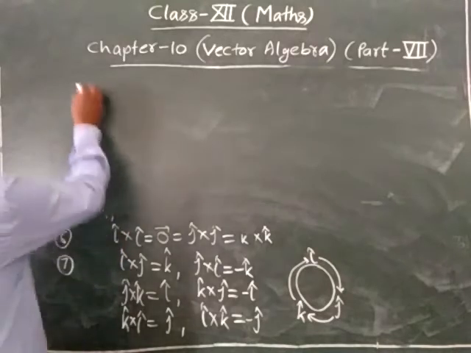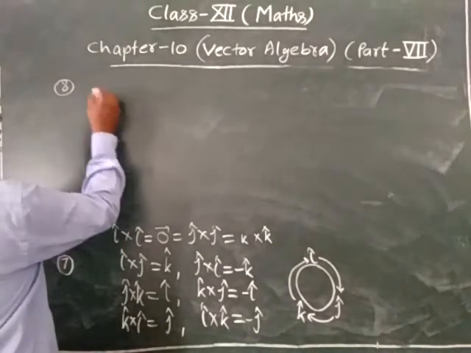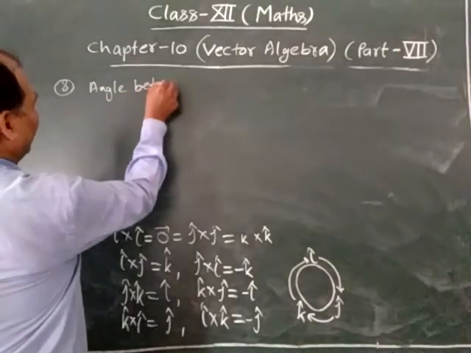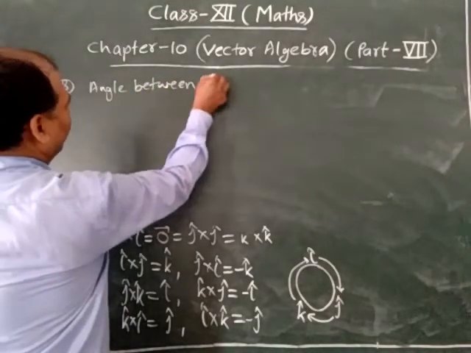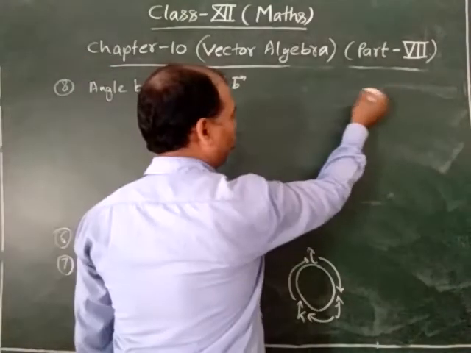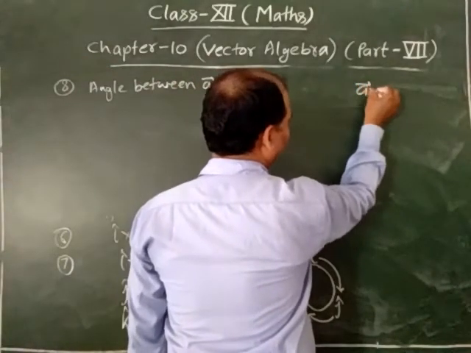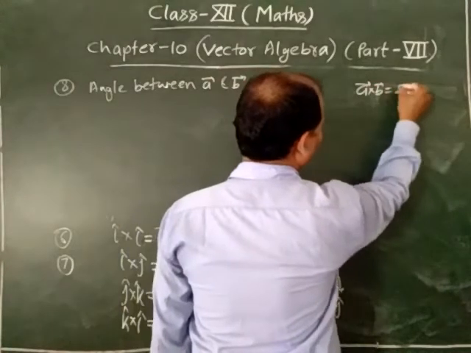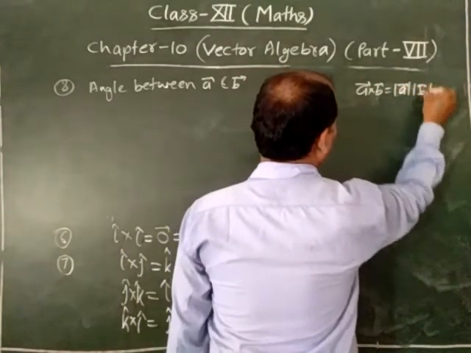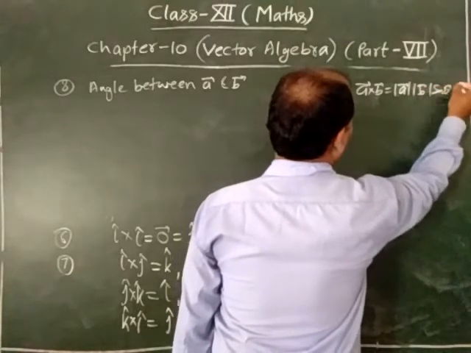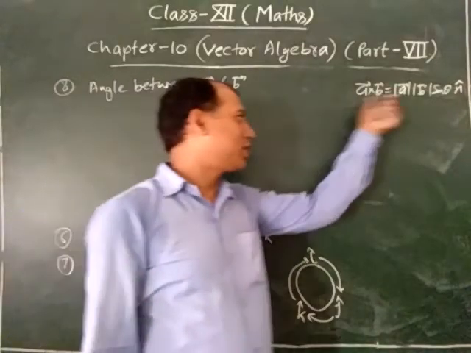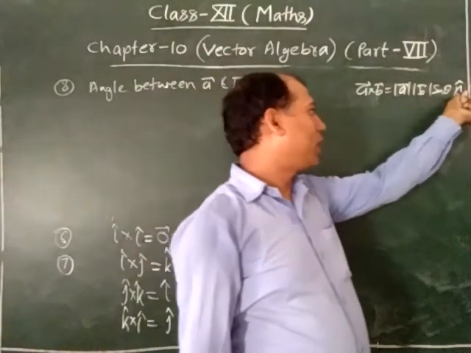So students, the next observation is the angle between vector A and vector B. All of you know that vector A cross vector B is equal to mod A mod B sin theta n cap. So if we take modulus to both sides, then the modulus of n cap becomes 1.